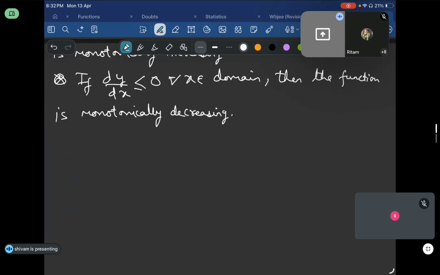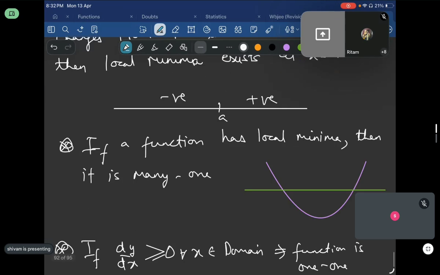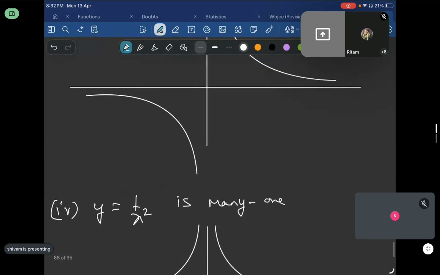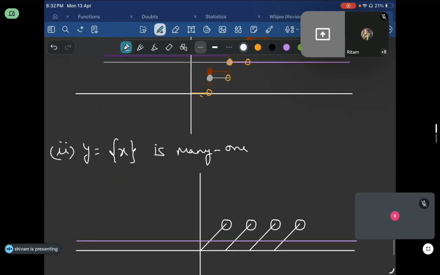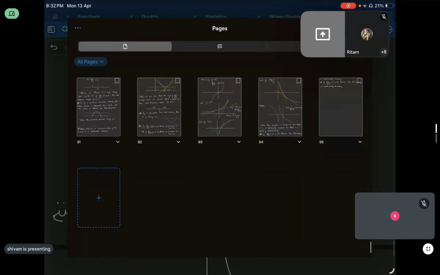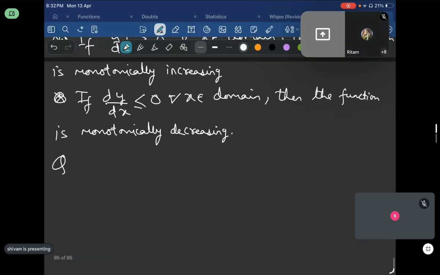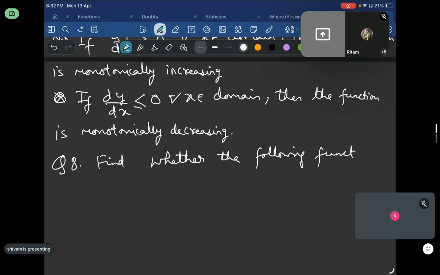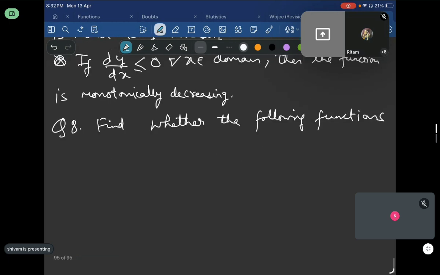Find whether the following functions are one-one or not. This is question number 8, I guess. Part 1: y equals 2x plus sin x.